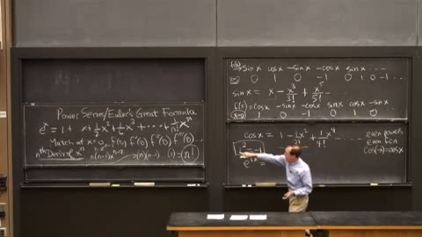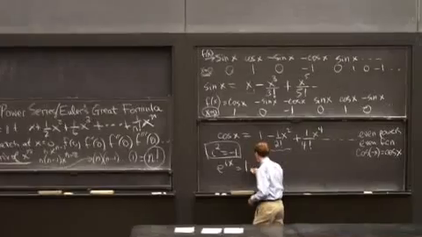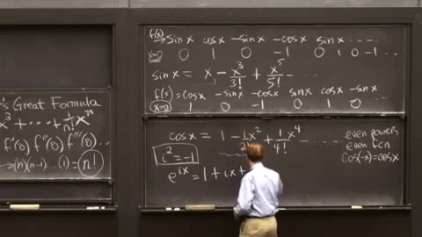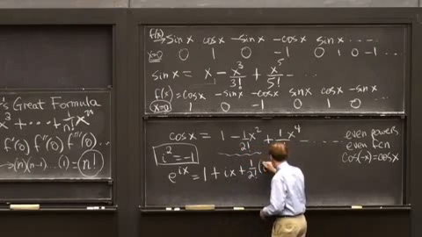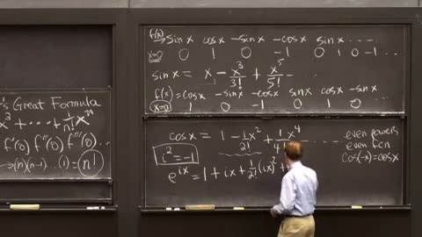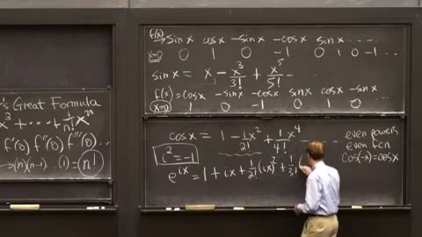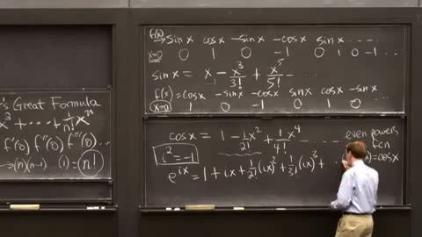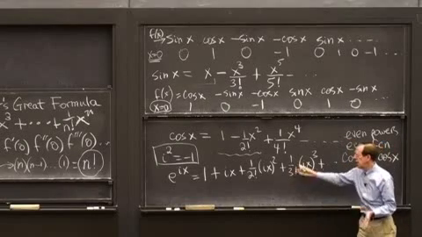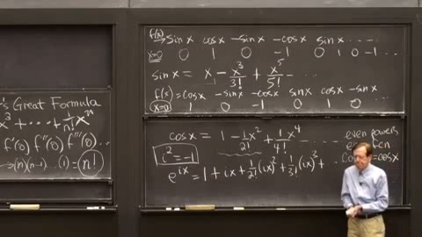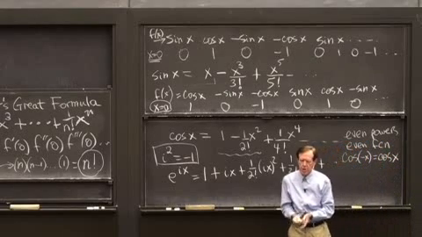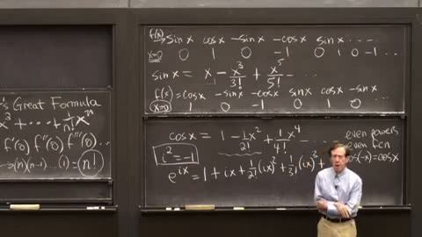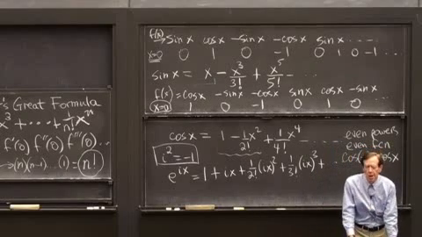Can I write out the series? 1 plus, instead of x, I have ix, and then 1 over 2 factorial ix squared, and then 1 over 3 factorial ix cubed, and 1 over 4 factorial ix to the 4th. That's e to the ix. You say, you just changed x to ix. That's all I did. Now, here's the point.